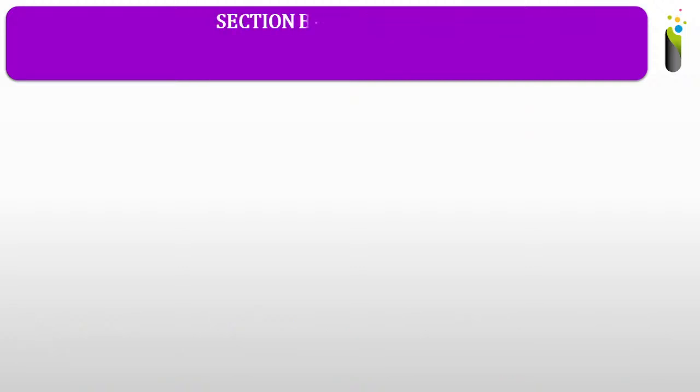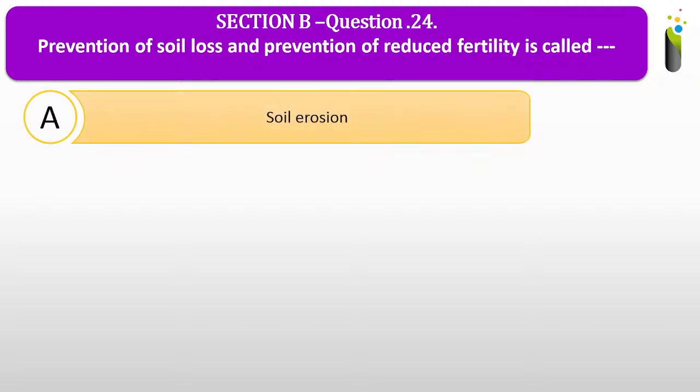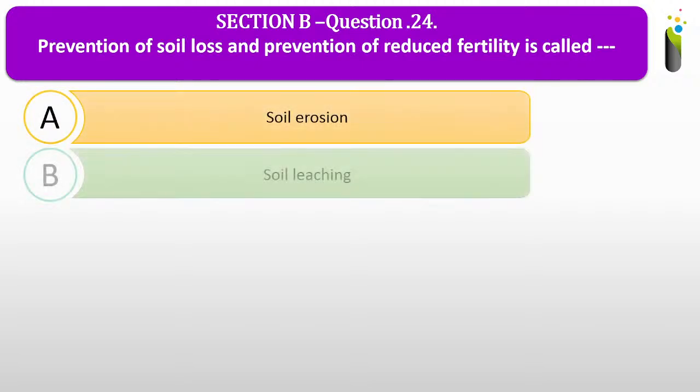Okay. Question number 24. Prevention of soil loss and prevention of reduced fertility is called as dash. I repeat, prevention of soil loss and prevention of reduced fertility is called as dash. A, soil erosion. B, soil leaching.